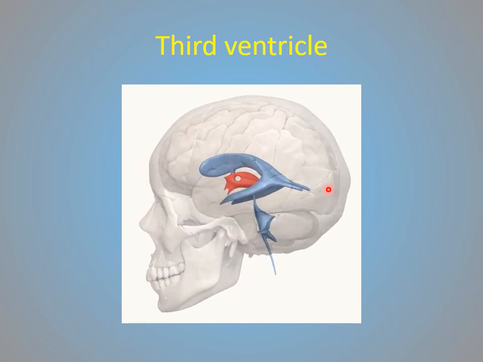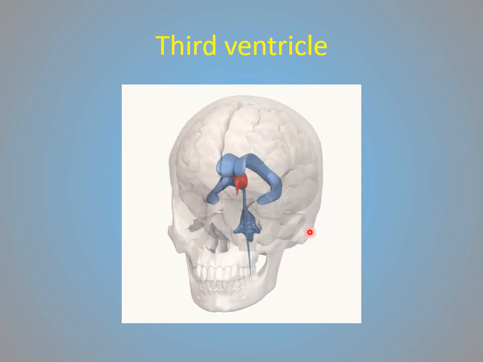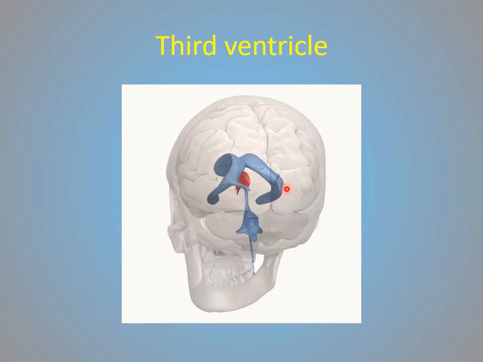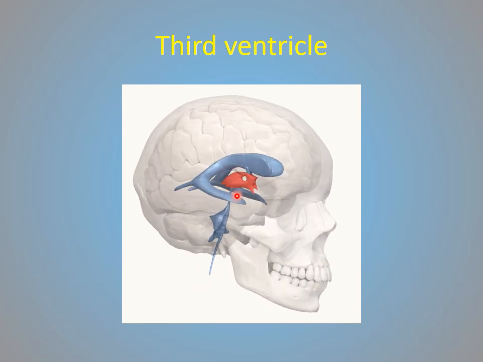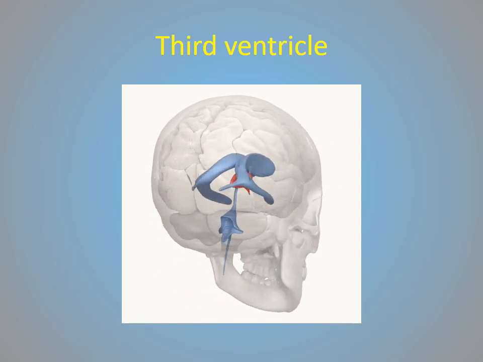So this is how the CSF flows, showing you the ventricular system of the brain, from the lateral ventricle to the third ventricle and to the fourth ventricle and then to the spinal canal.